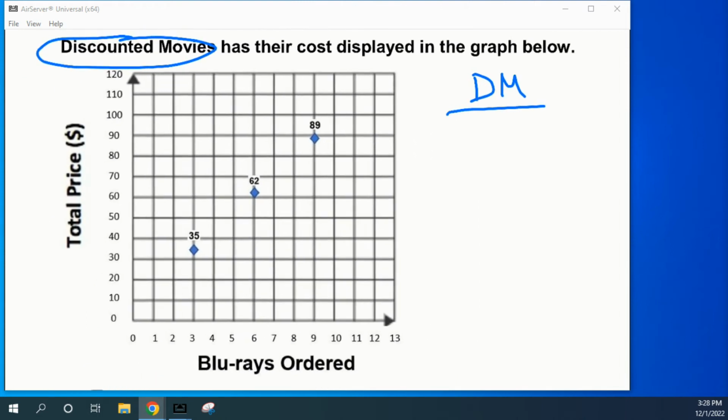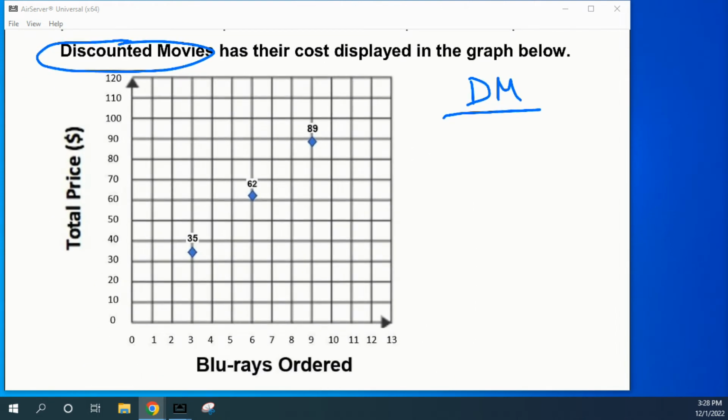As I was helping people along with this throughout the day, I think there was some confusion, so let me explain. These numbers you see on this graph, the 35, the 62, and the 89, are actually the y values of those points. Since these are points, they have an x and a y value.